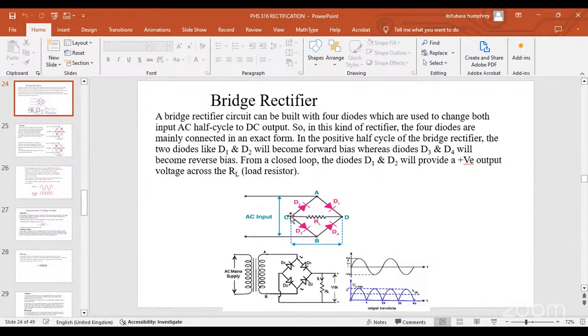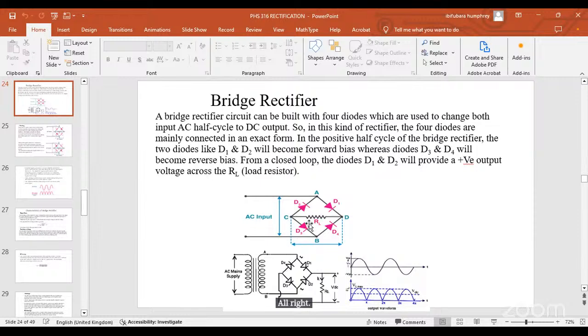Then at the second half, it comes to this C again. D2 and D1 are seen as reverse bias, so it will come through and pass through 3, get to B, pass through 4, get to D, and then follow through RL.